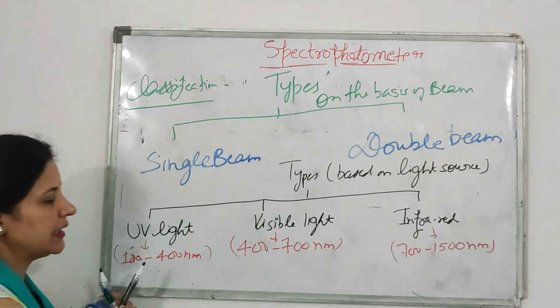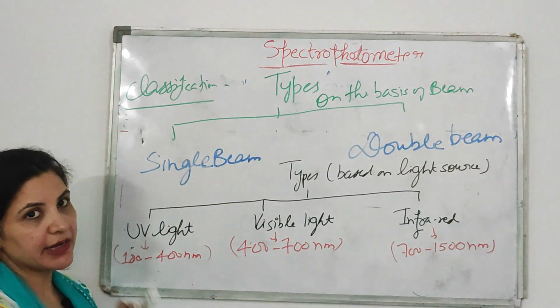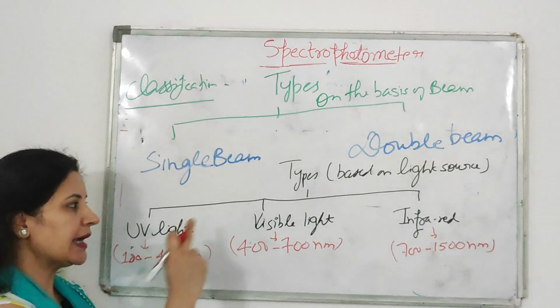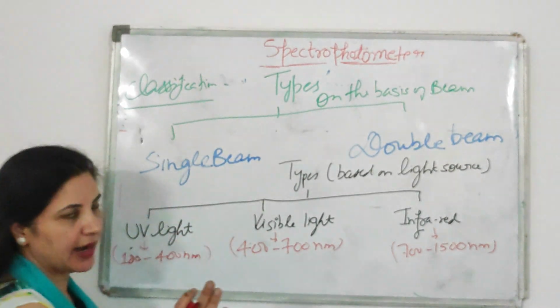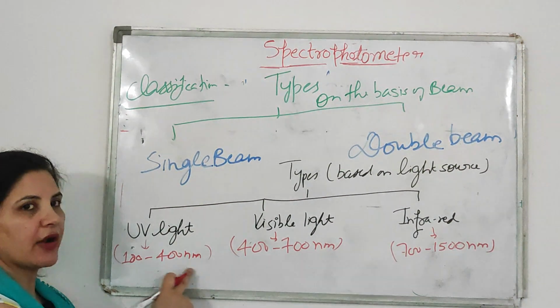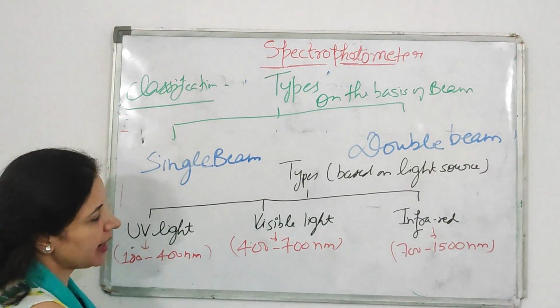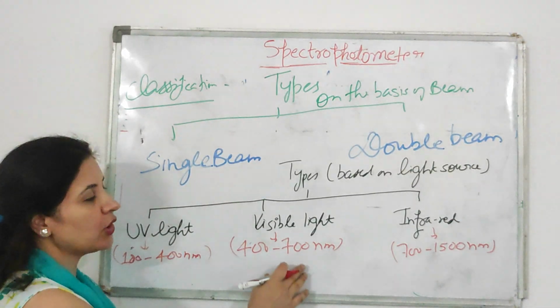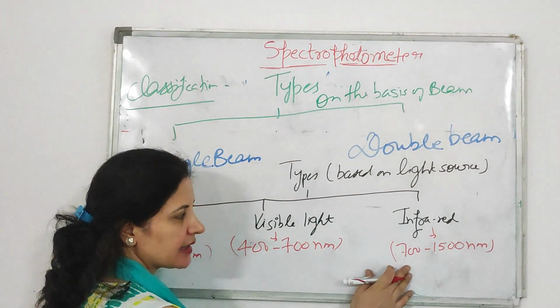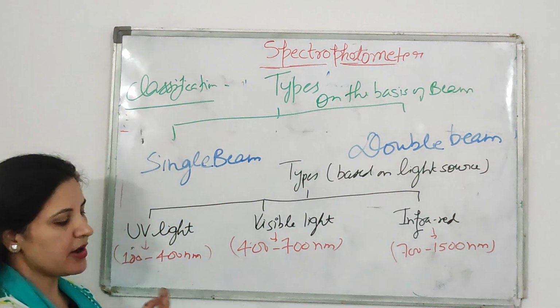So on the basis of the kind of light in the light source, the spectrophotometer is UV, visible, or infrared.